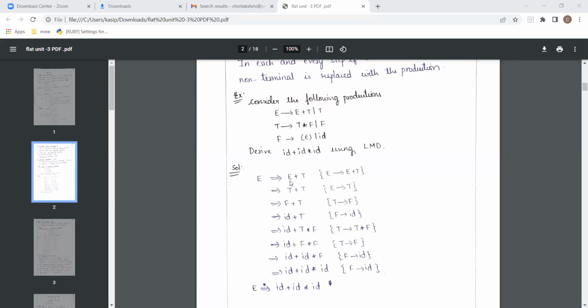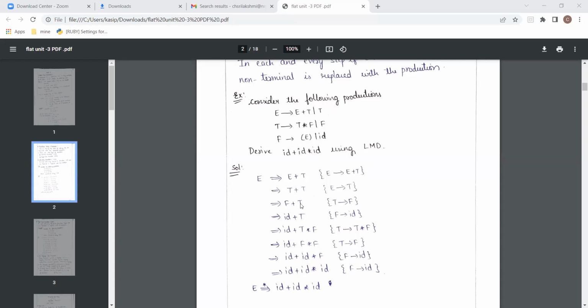So I am taking E tends to E plus T. In place of E, I can substitute T also here, because E tends to T also. After that, in place of T, I can also substitute F, so that is F plus T.